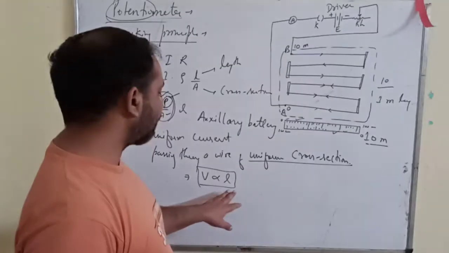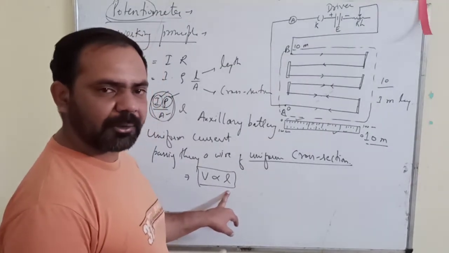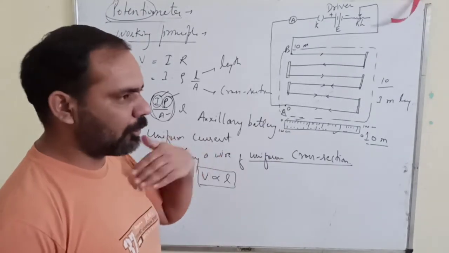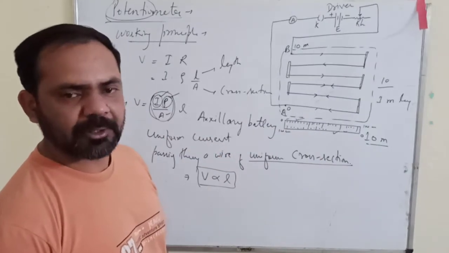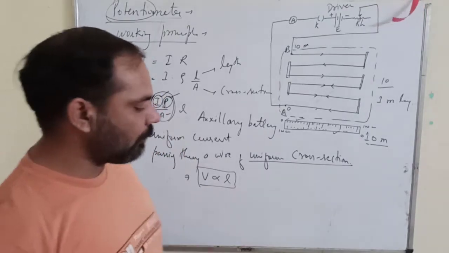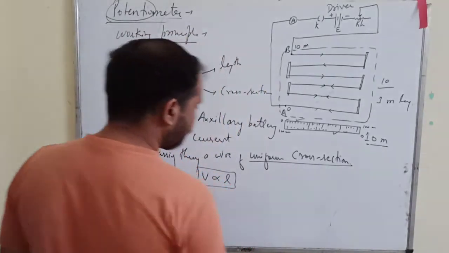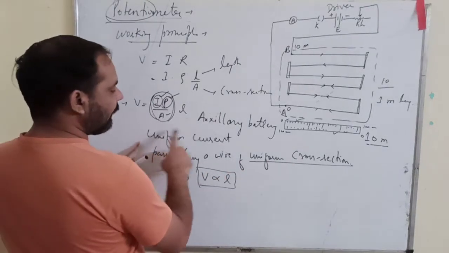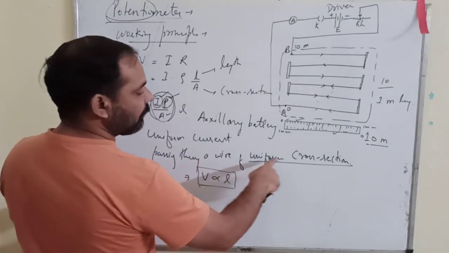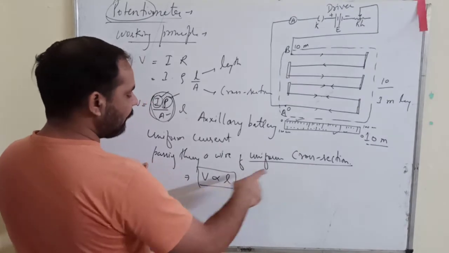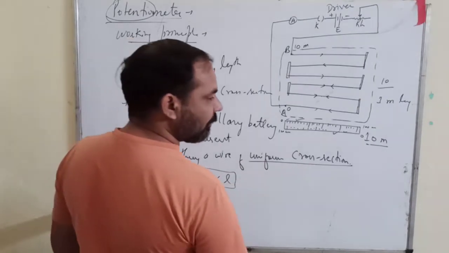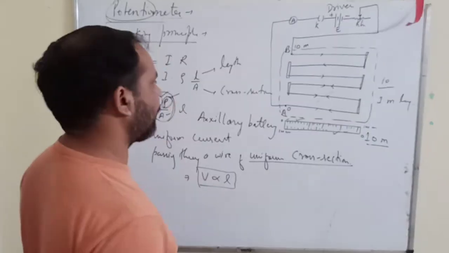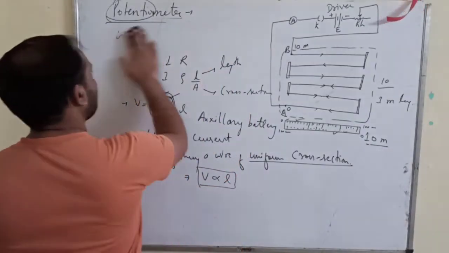So with the help of this length, by measuring the length of the wire, you can measure the potential drop through any particular section, right? This is your working principle. Again repeating, if uniform current is made to pass through a wire of uniform cross-sectional area, then the potential drop across the wire is directly proportional to the length of the wire. This is the working principle.